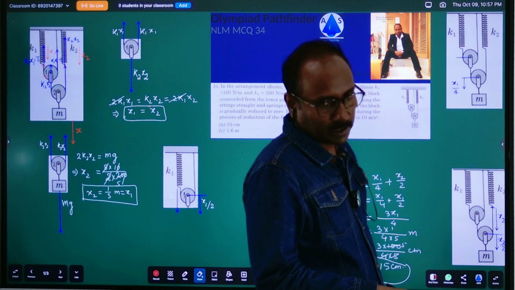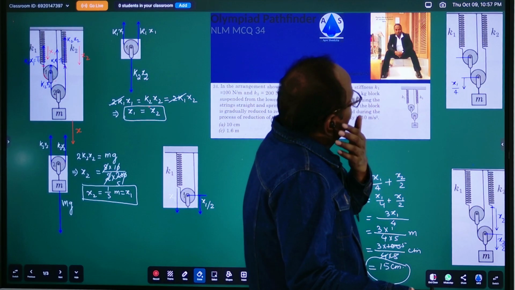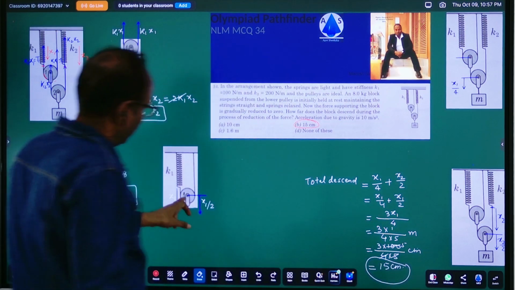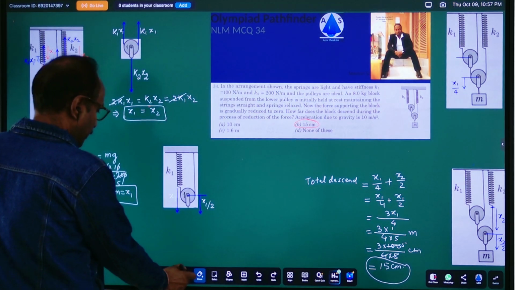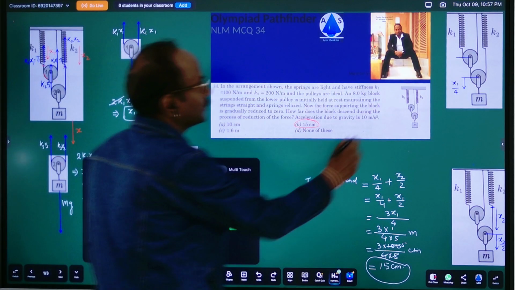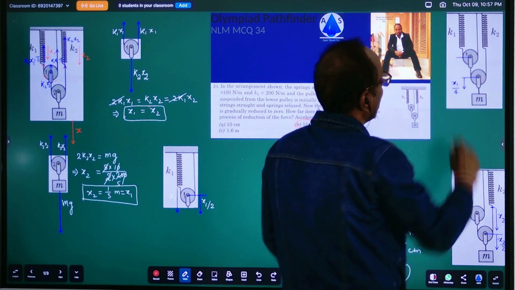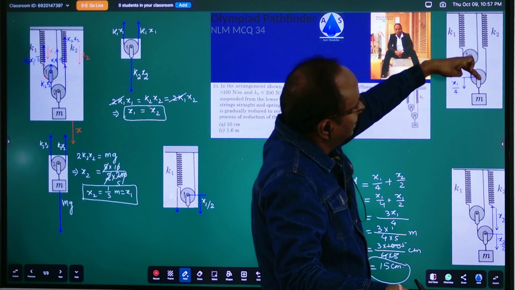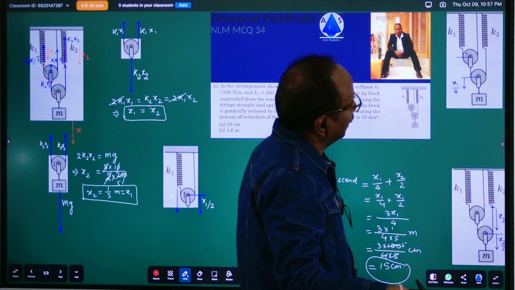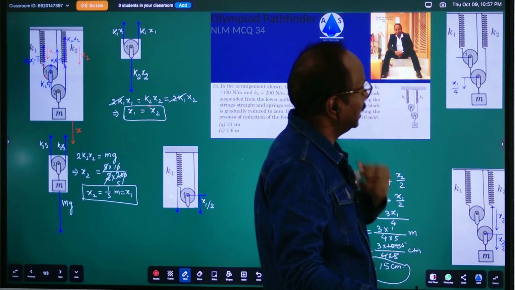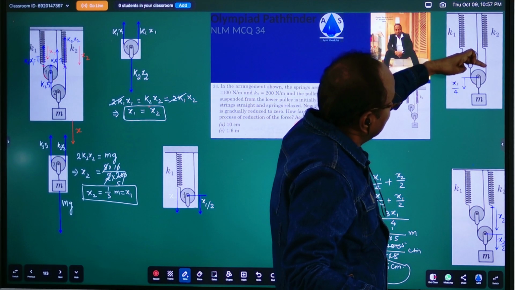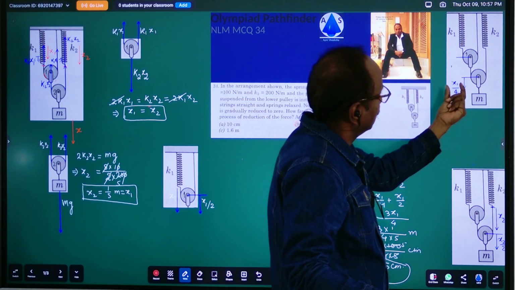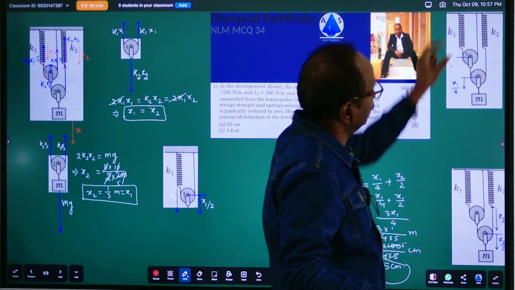अब इस डायग्राम में आ जाइए, ये जब x1/2 से नीचे आया, ये वाला पुली नंबर 1 पुली, ये भी नंबर 1 पुली है। ये पुली जब x1/2 से नीचे आया तो इस वाले थ्रेड में x1/2 का स्लैक क्रिएट किया होगा। तो उस x1/2 का स्लैक को एकोमोडेट करने के लिए यहाँ से थ्रेड ये वाला पोर्शन x1/4 से नीचे आया होगा और ये वाला पोर्शन भी x1/4, x1/4 plus x1/4 will be x1/2.